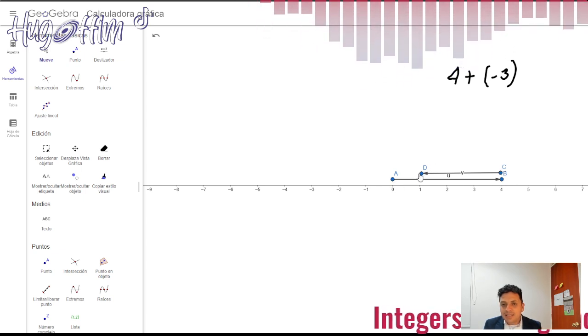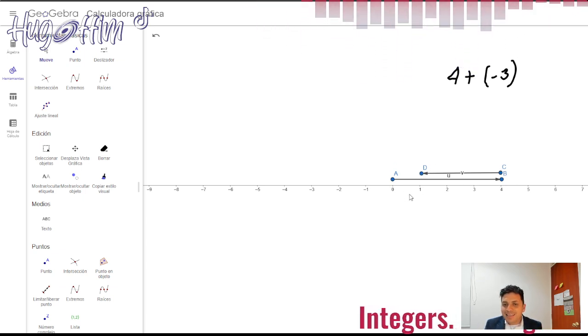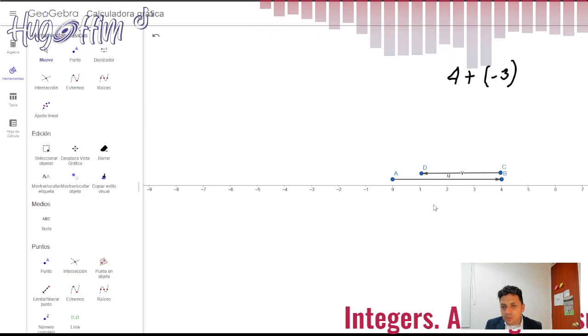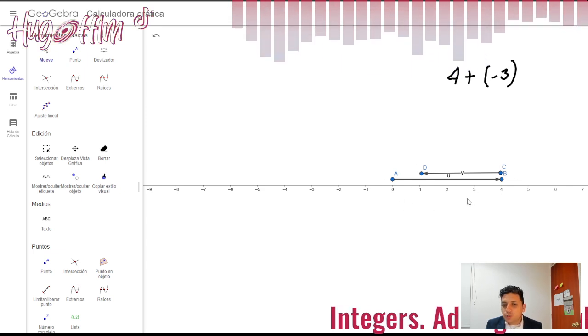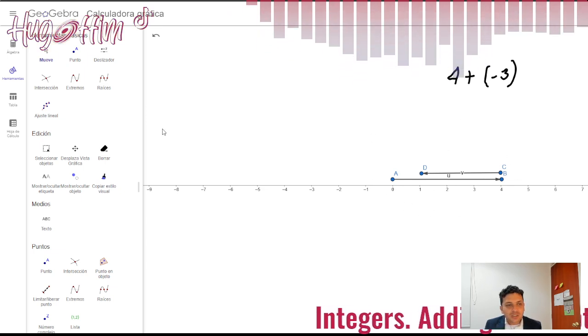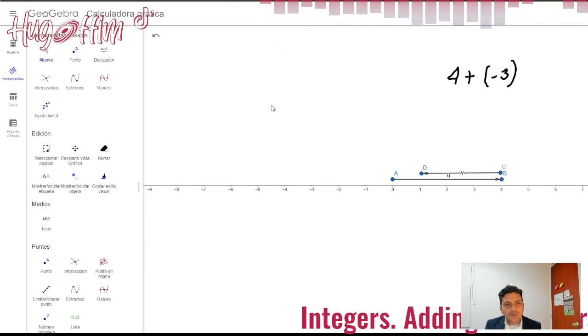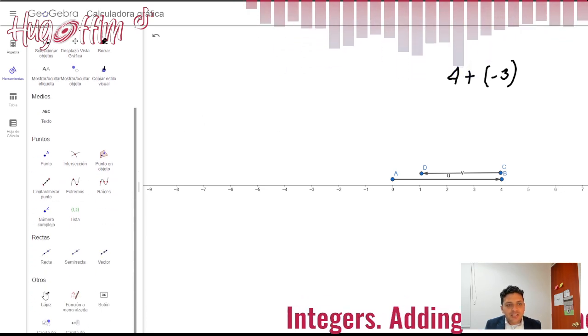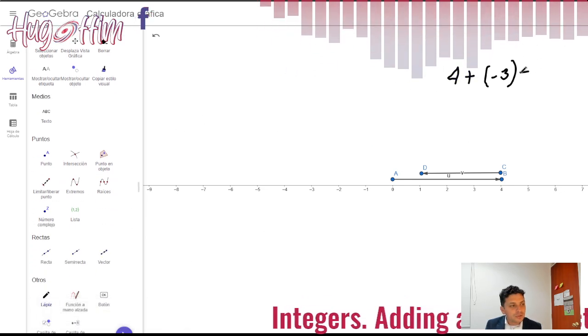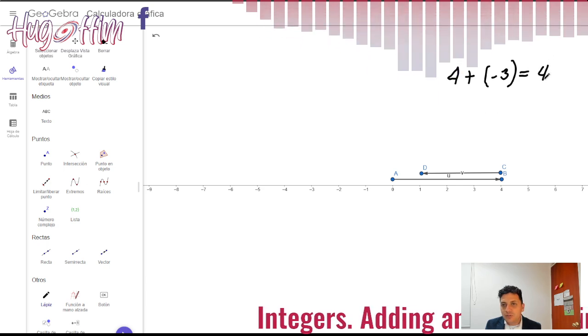But observe that the answer is the same as the subtraction, 4 minus 3. So it means that 4 plus negative 3 is equal to 4 minus 3.